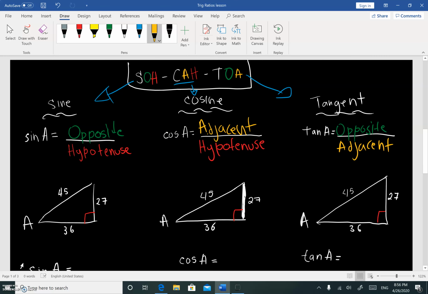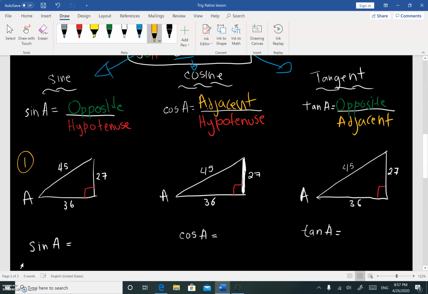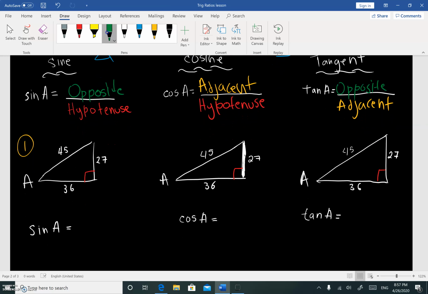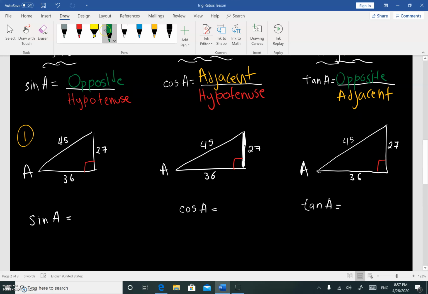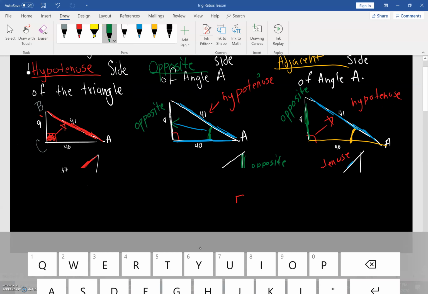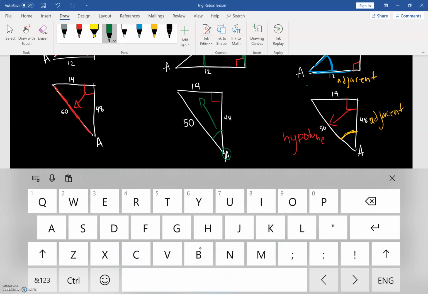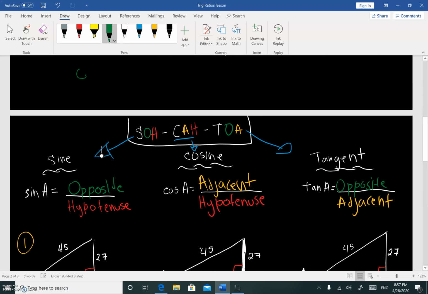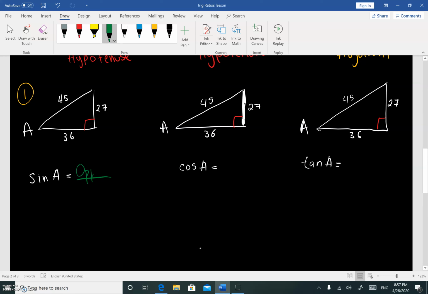So now let's go over some quick examples. The first one that we have here is asking us for sine of A. So sine of A, first of all, let's write down the ratio, color coded. It's going to be opposite over hypotenuse.